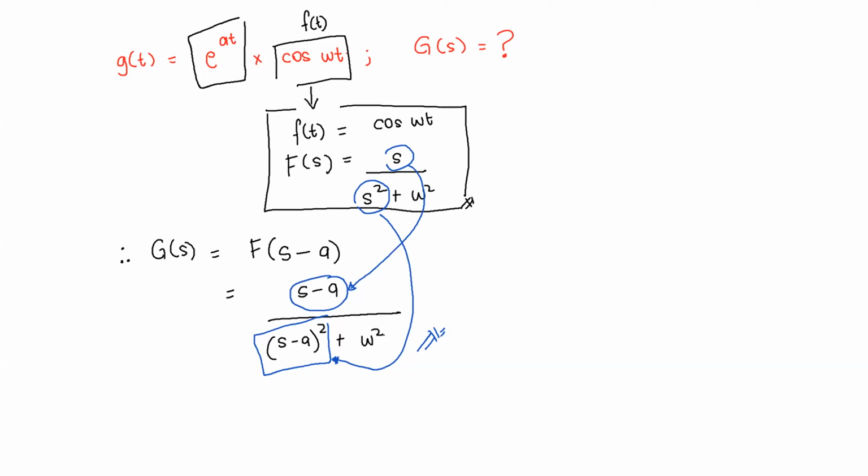Now guys, let's go to the next example. Assuming you are given a function in the time domain, g(t), which is equivalent to exponential to the power of at multiplied with t squared.